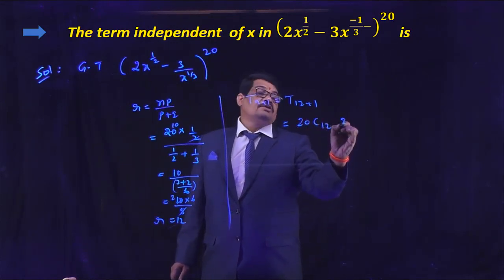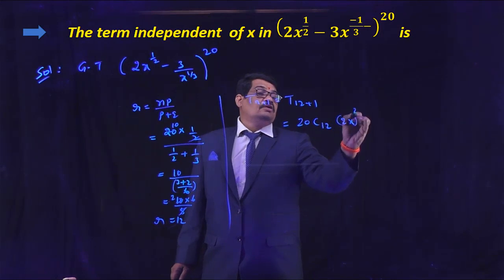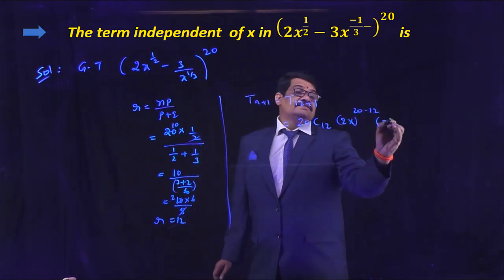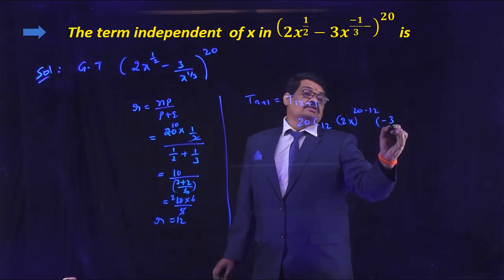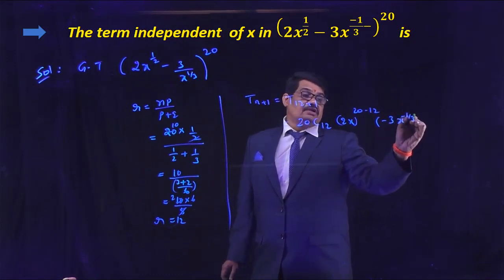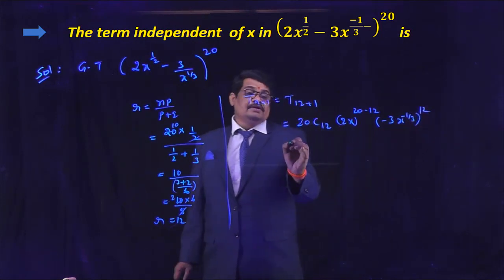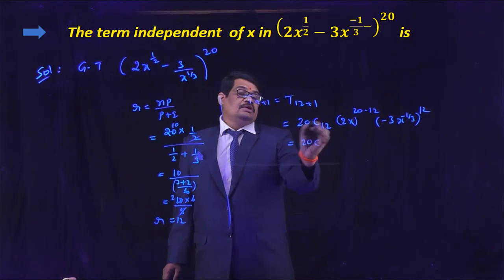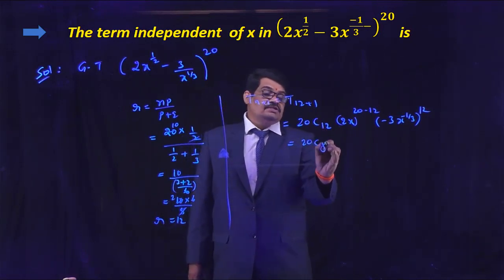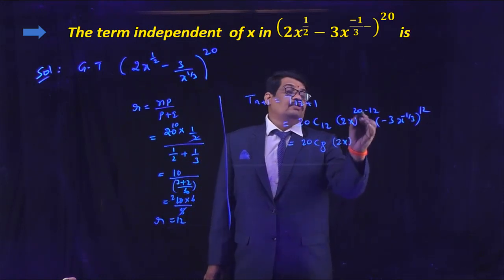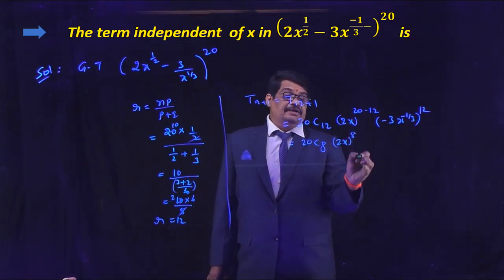The first term is 2x to the power 1 by 2, whole power 20 minus 12, into the second term, minus 3 by x power 1 by 3, whole to the power of r. r is 12. That is 20C, 20 minus 12 can be written as 8. 20C8, and 2x to the power of 8.